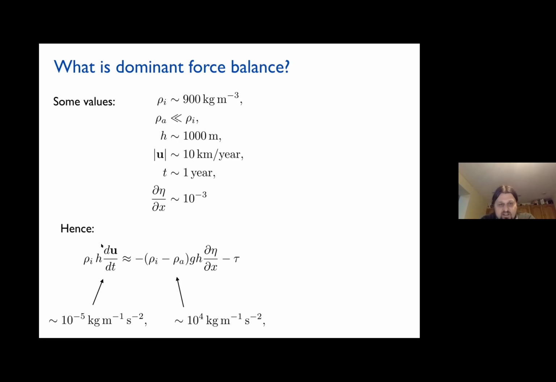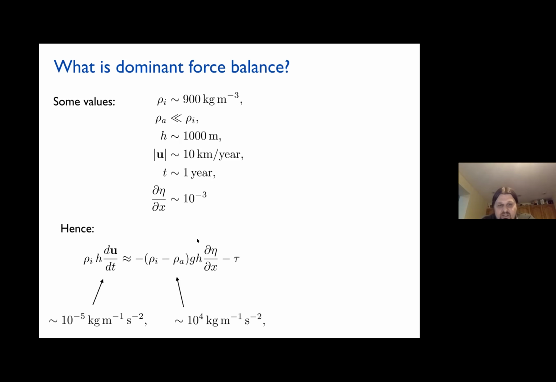So if you estimate the inertia per unit area, basically the density of ice times the thickness, because we divided by area, so the thickness is the volume per unit area, and then multiplied by the acceleration. That has magnitude of about 10 to the minus 5 kilograms per meter per second squared. The odd units are because I'm using thickness rather than total volume in here.